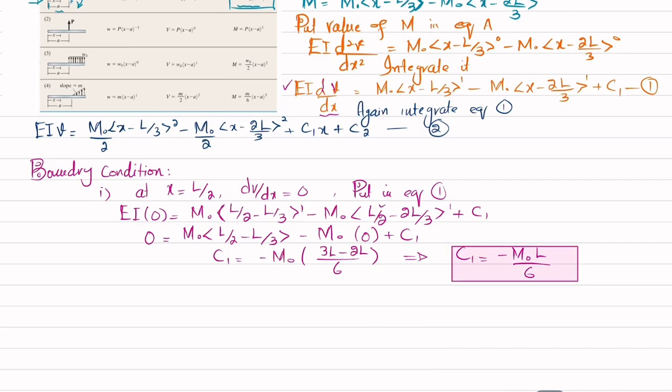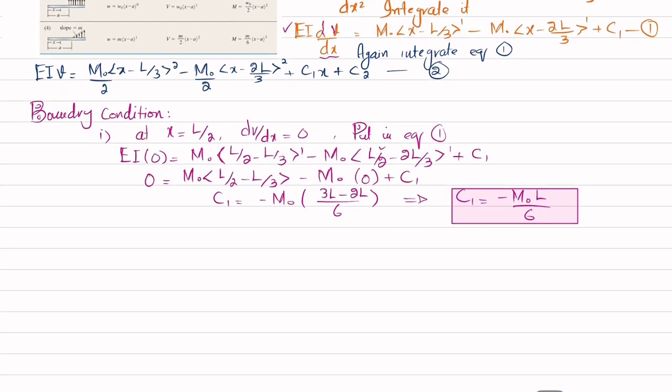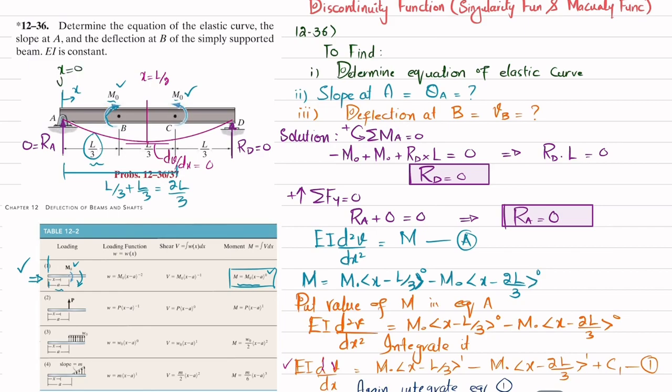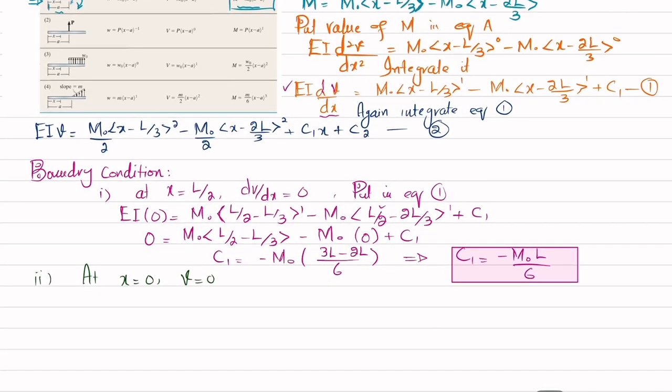Now we will find C2 by using another boundary condition, and this boundary condition is that at x is equal to 0 we have deflection equal to 0. So let me show you. Here you can see at x is equal to 0 deflection is equal to 0 because this is supported at point A. So we will put it in equation number 2, because equation number 2 is about deflection.